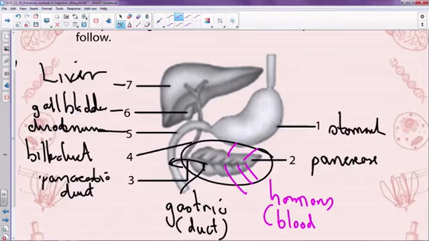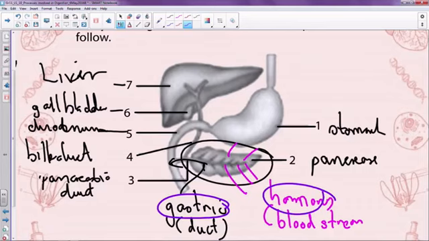an important role in the regulation of blood sugar levels. So here we're seeing a gland that produces gastric juices and it produces hormones. Gastric juices being released directly via tubes into the small intestine, and the hormones being absorbed into the blood vessels that are surrounding the pancreas, and that's carried away.